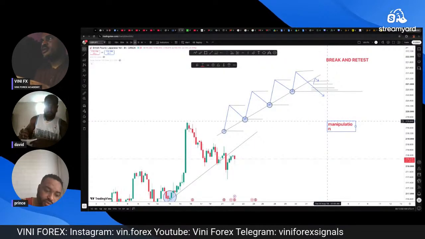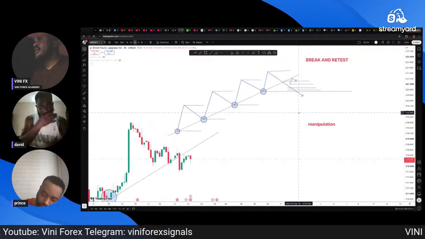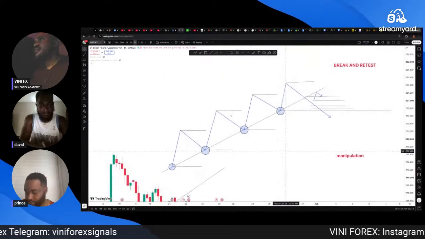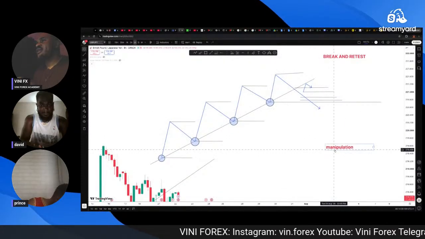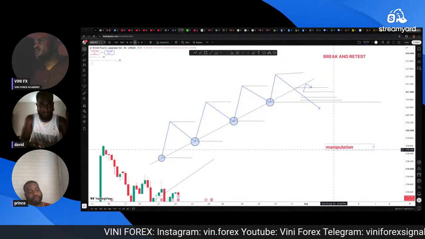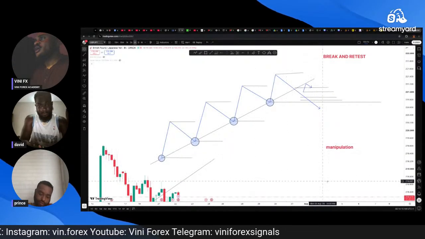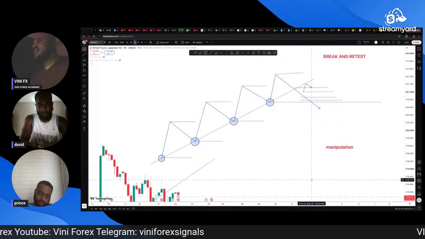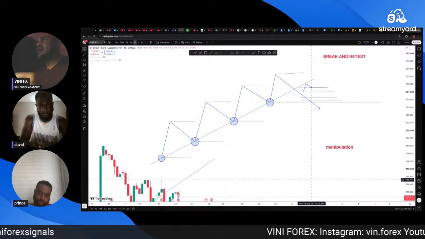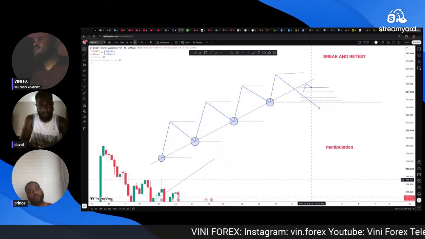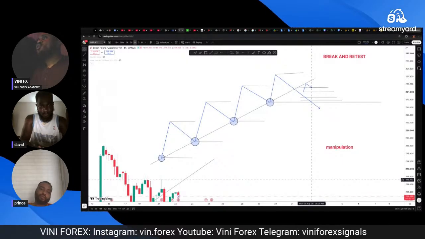What does it mean? Let me tell you what it means now. Please pay attention now, okay? Manipulation means that central banks and the hedge funds, institutions, companies, those that trade with billions of dollars, when they place an order with a big account, if they say buy, the market has a high tendency to move.